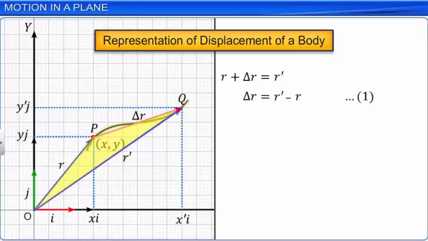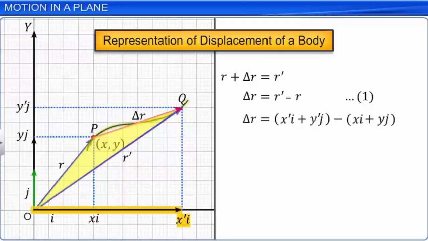We can write equation 1 in component form as delta r is equal to x dash i plus y dash j minus xi plus yj, which is equal to x dash minus x, the whole i, plus y dash minus y, the whole j.